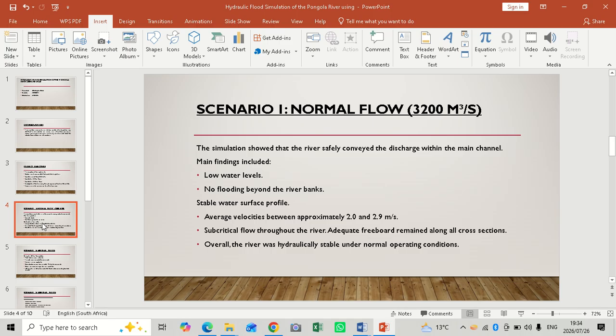The flow velocity ranged between approximately 2 and 3 meters per second, and the Froude number remained below 1, indicating stable subcritical flow. Overall, the river performed well under this normal flow condition.